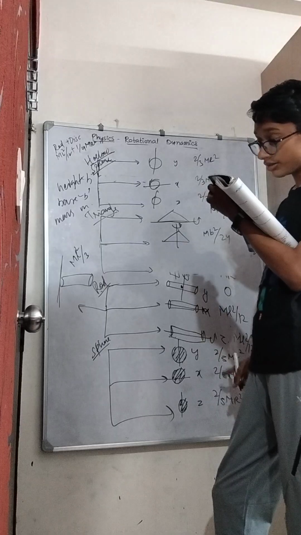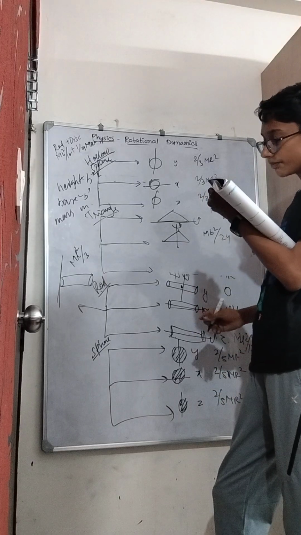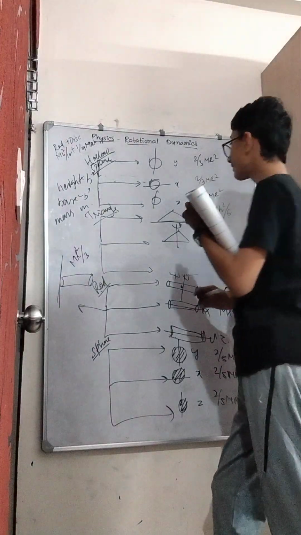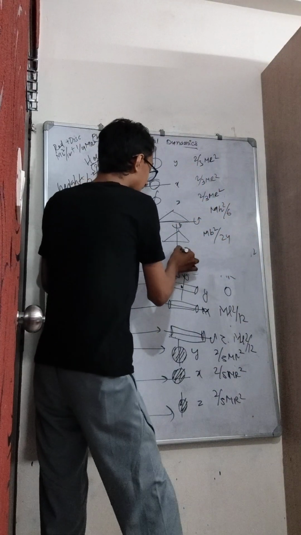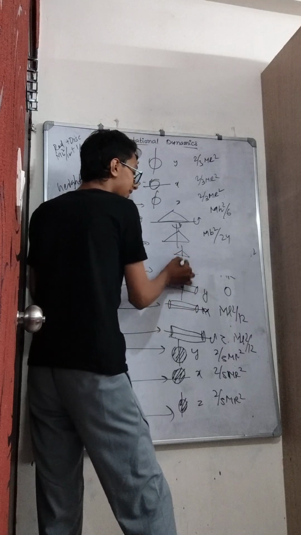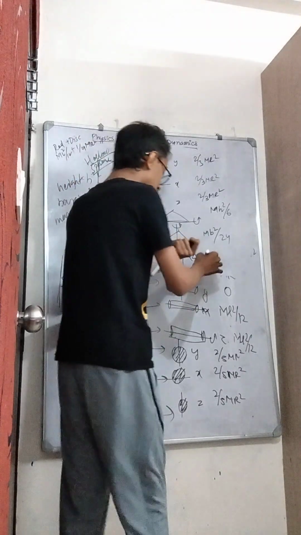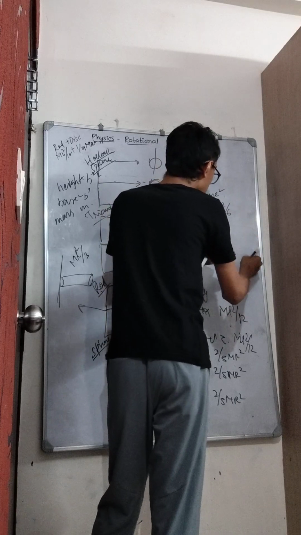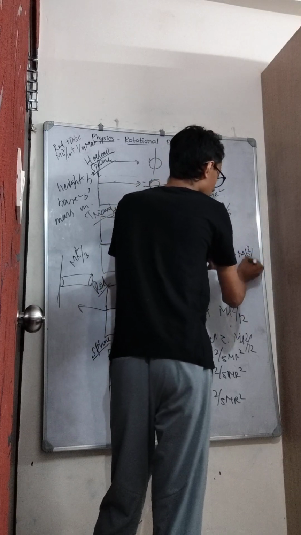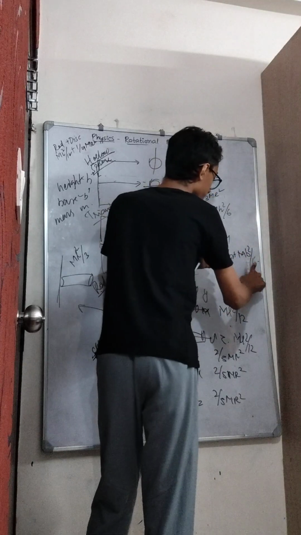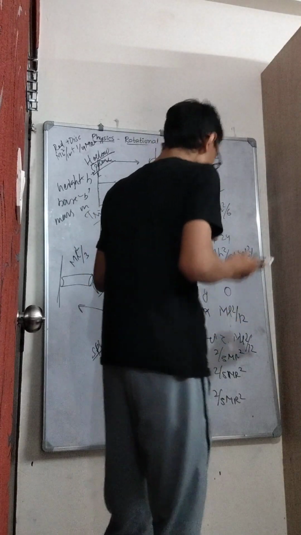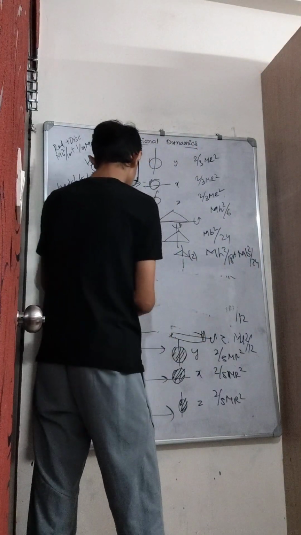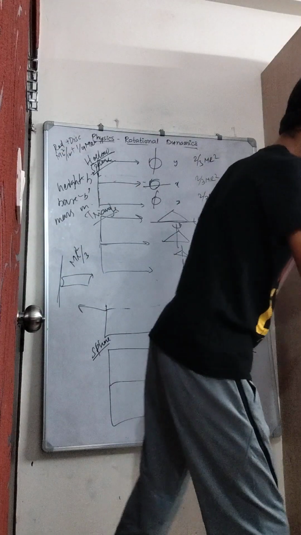Okay. Now next is, if it is on the z axis, that means it will be mh square by 18 plus mb square by 24. Okay, and last point in the triangle.